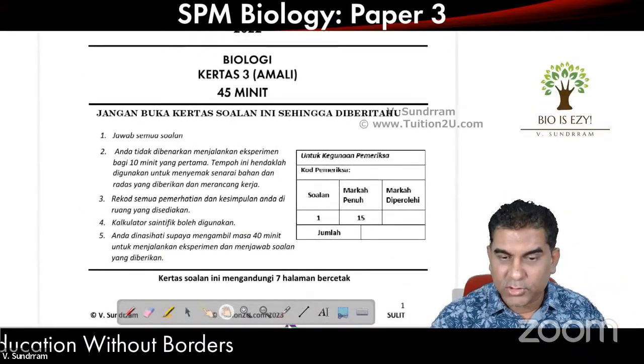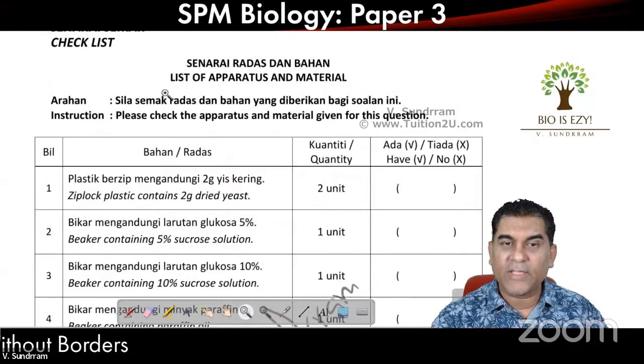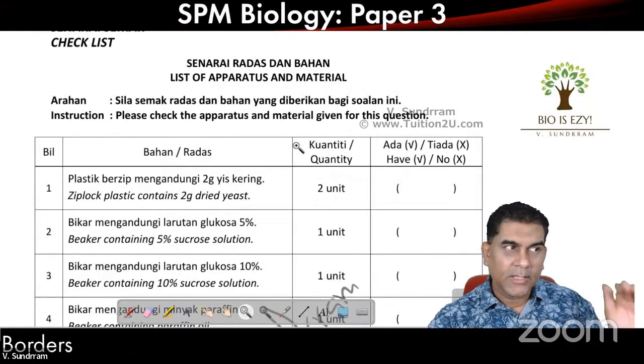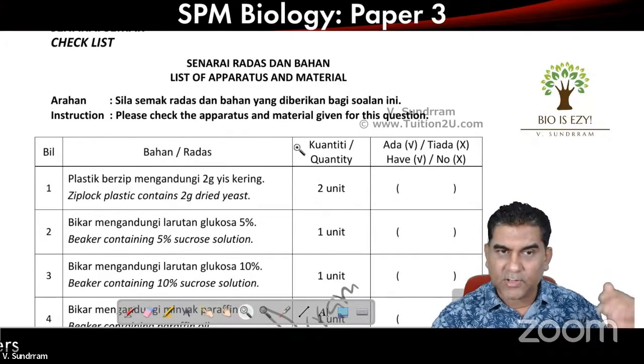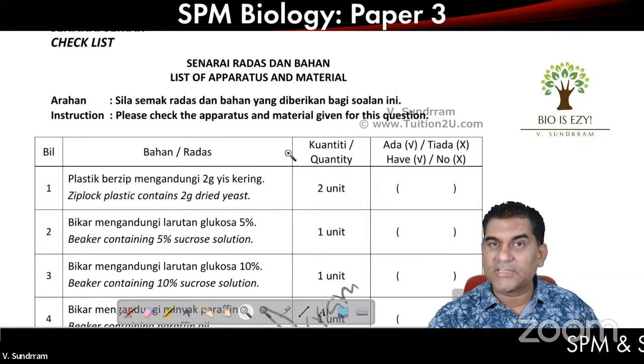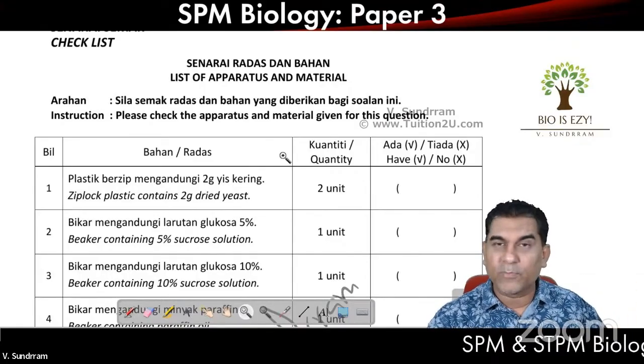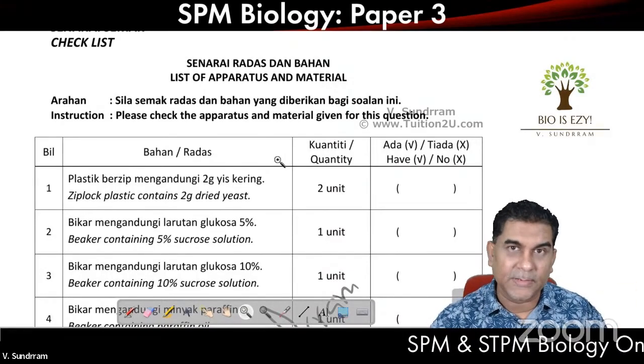First thing you have to do during the experiment is, the question paper will have a list of apparatus and material. Check through every one of them, because they give you around 10 or 15 minutes to check the apparatus and material. Go through one by one because we don't want to have any problems while we are conducting the experiment.